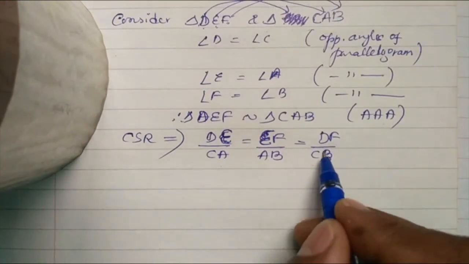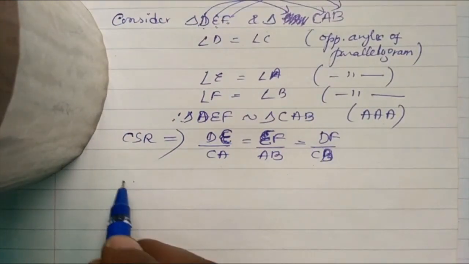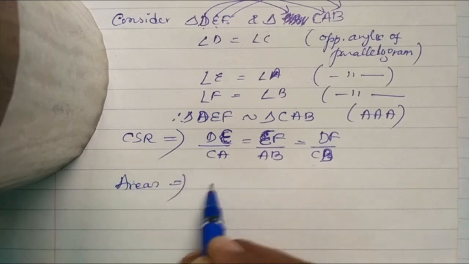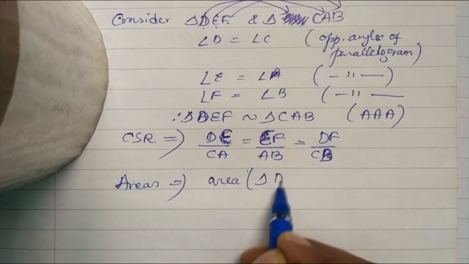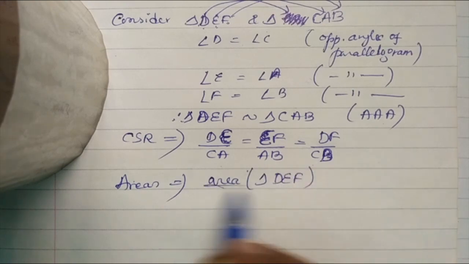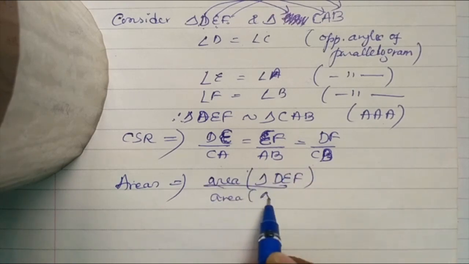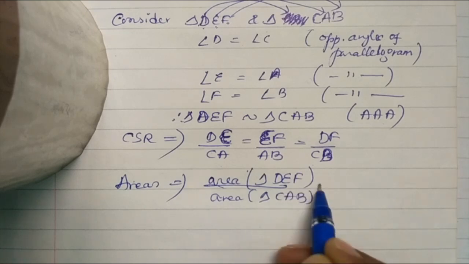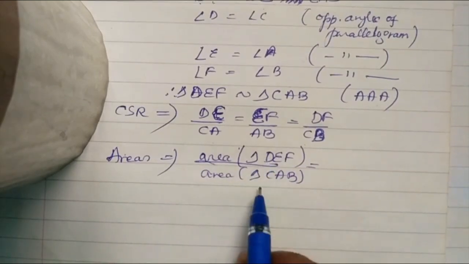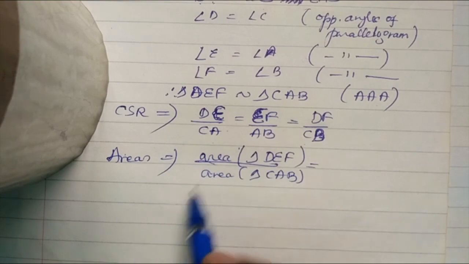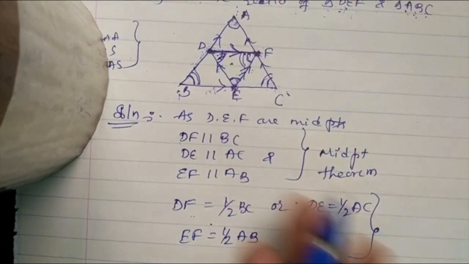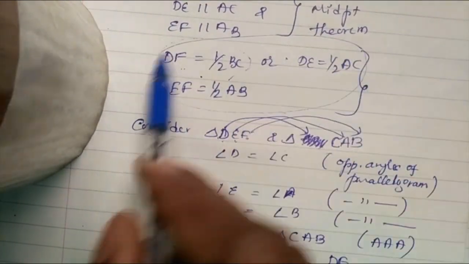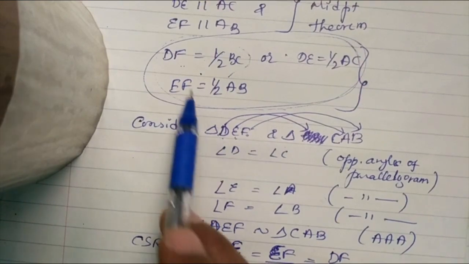Now we go for areas. Area of triangle DEF by area of triangle CAB is equal to, so how to get the areas of these two? Out of these three, take any one, no problem. Which one should we select here? None of the lengths are known, but we know these three relations, so we can go for any one.